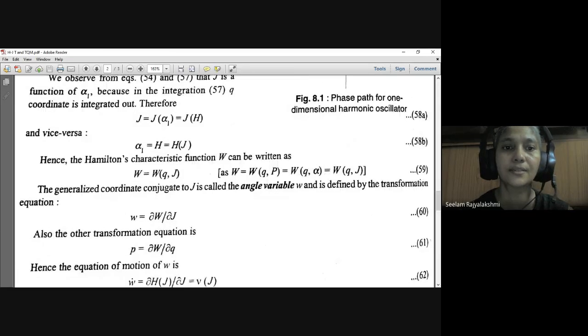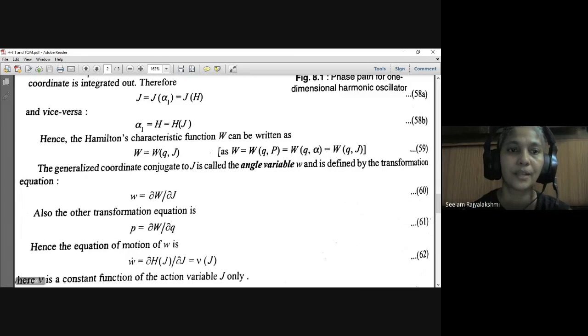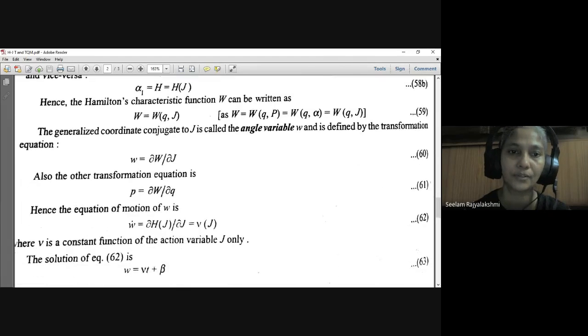The generalized coordinate conjugate to J is called the angle variable omega and is defined by the transformation equation omega = dou W by dou J. Also, the other transformation equation is p = dou W by dou q.